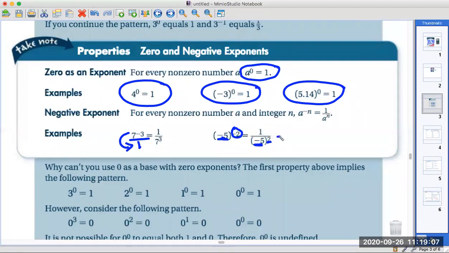So if I want to simplify that more, I can say -5 squared is +25. Why? Because -5 times -5 is +25. But remember, we're writing it under a 1, in the bottom of the fraction. So negative exponents make your answer smaller because 1/25 is less than 1.